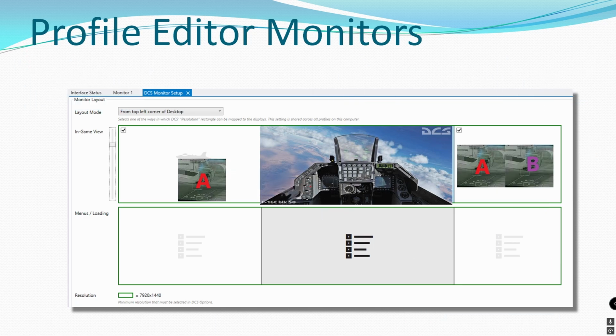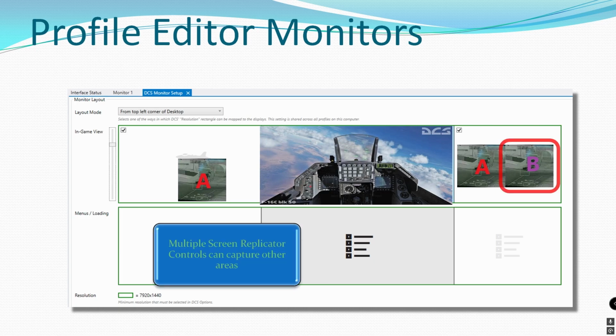We're now showing a second MFCD being rendered to the right-hand monitor by DCS. These MFCDs cannot overlap. Multiple screen replicator controls can be added to your profile to capture different areas of screen real estate where viewports might be rendered.